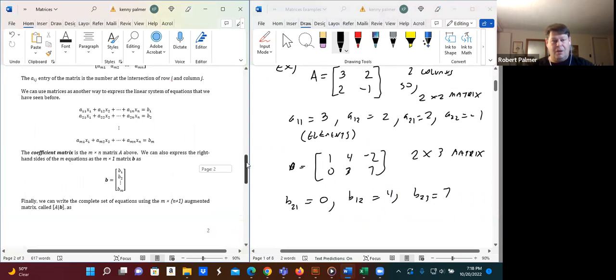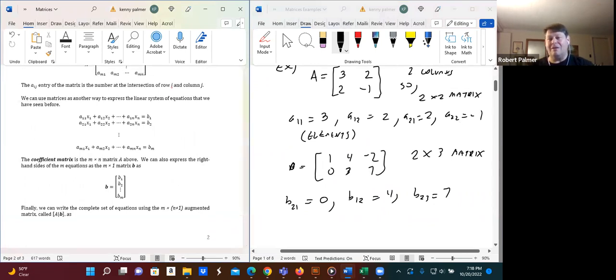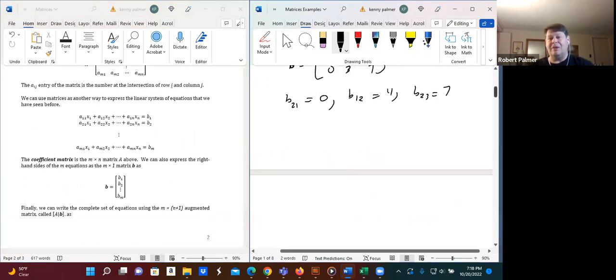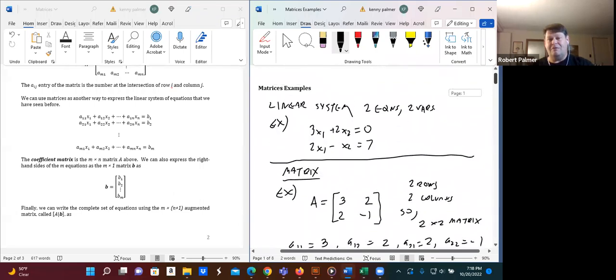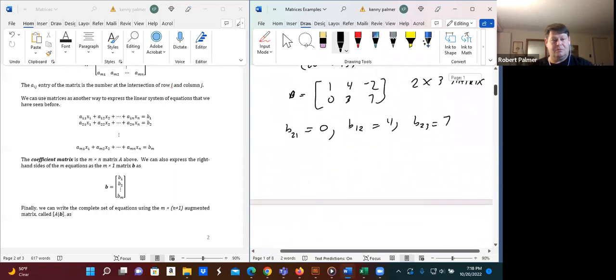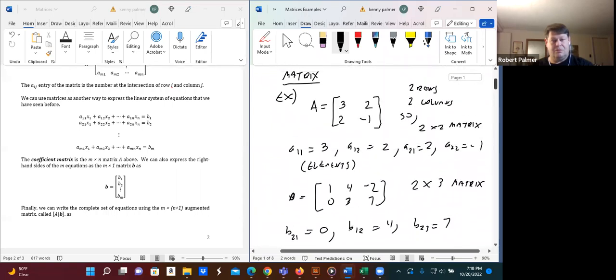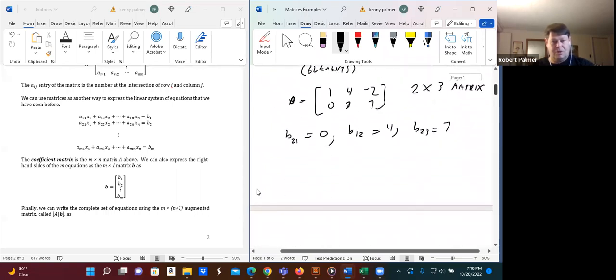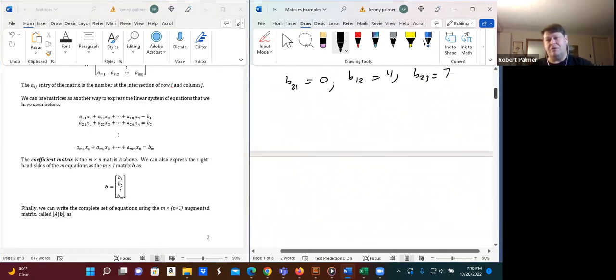Now, we can actually take an equation like this and convert it into what's called an augmented matrix. Let's come down to our second page.